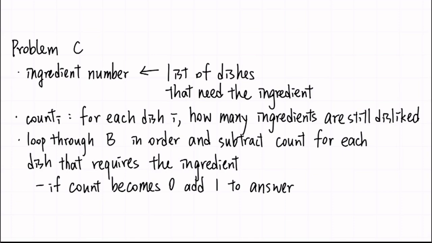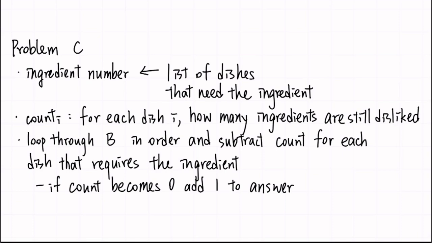We do this because when Snuke overcomes his dislike for each of the ingredients, we need to update the value for all the dishes that need the ingredient. So we want a method to keep track of the ingredients and map each to the list of dishes that need that ingredient.